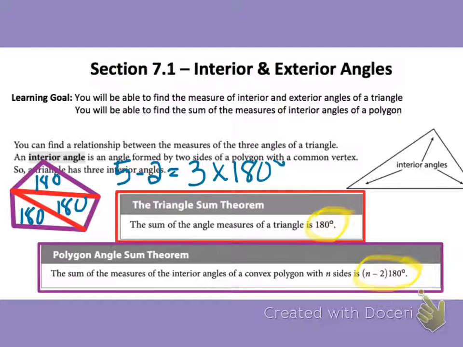That means in any typical convex polygon, we can find the sum of all the inside angles by using this formula, n minus 2 times 180 degrees, where n means the number of sides of the polygon.